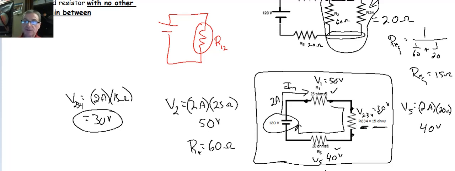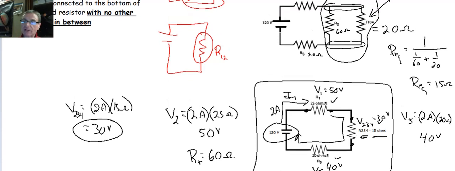When I add all these voltages together, I better come up with 120, and I do. 50 and 30 is 80, and 40 is 120. Because remember, the voltage rises and the voltage drops around the loop in a circuit have to add up to 0.